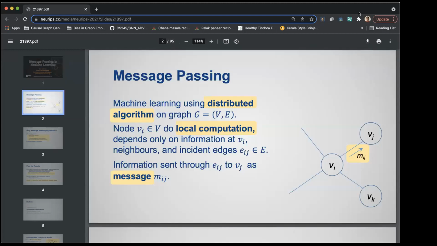Okay, awesome. So message passing, we're all very familiar with this in the context of most likely graph neural networks, but machine learning uses distributed algorithms on a graph G comprising vertices and edges.